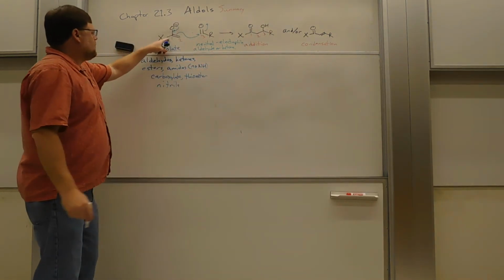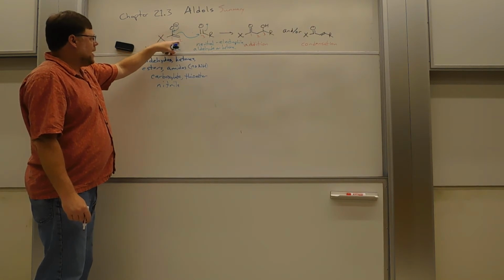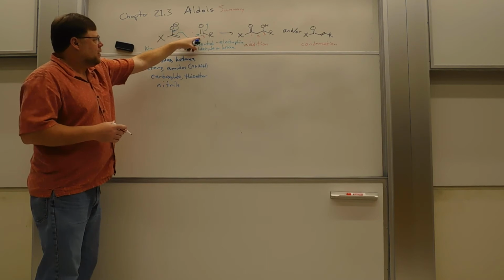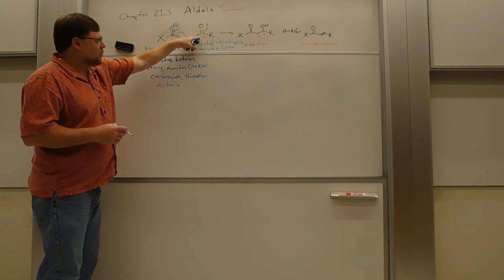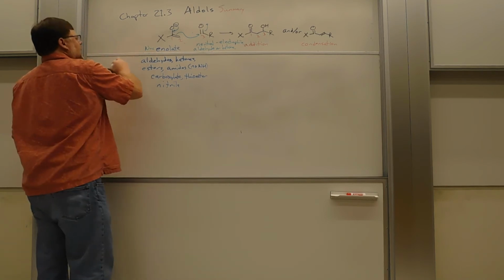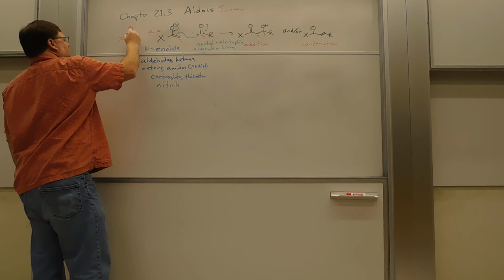Okay, so the enolate carbonyl carbon is going to be 1. The alpha carbon that lost the proton is going to be 2. The carbonyl carbon in the neutral electrophile is going to be 3, and those are going to come together like so.